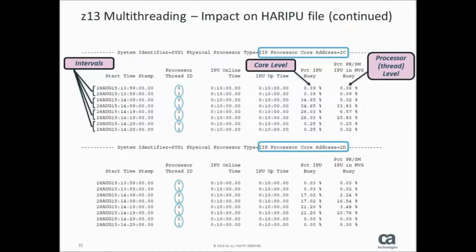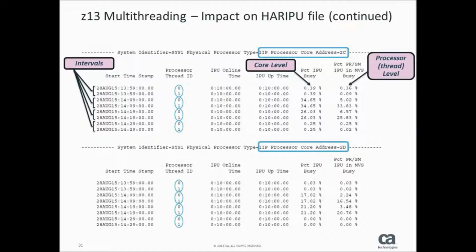The first one of the pairs is thread 0, and the second one is thread 1. These are 10-minute intervals, so you can see that IPU online time is 10 minutes for each of those. We need to make it clear that IPU online time in this file is a processor-level value, not a core-level value. Each one of these threads or processors was online for 10 minutes.